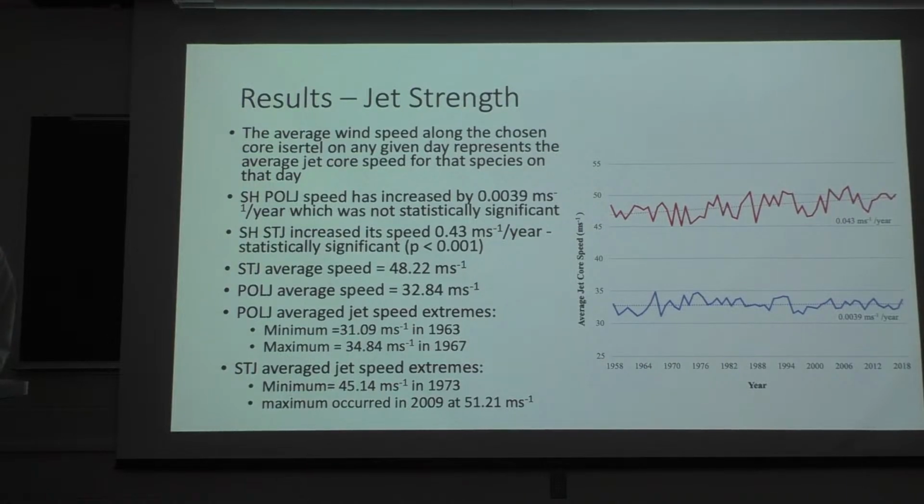The polar jet daily average speed extremes have a minimum of about 31 and a maximum of about 35 meters per second, while the subtropical jet was a bit faster with a minimum of 45 and a maximum of about 51 meters per second.